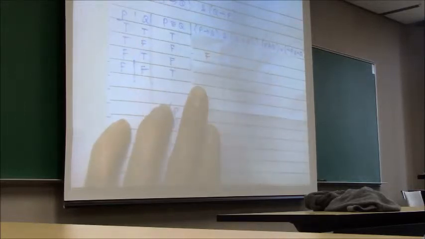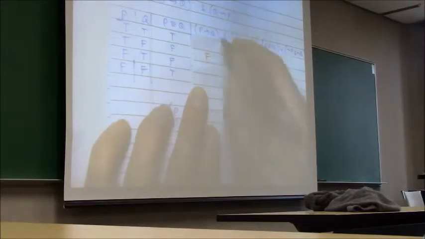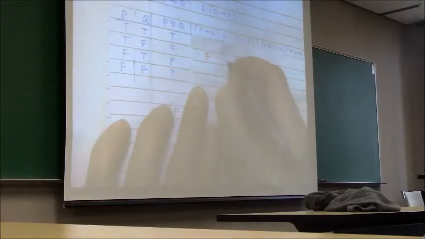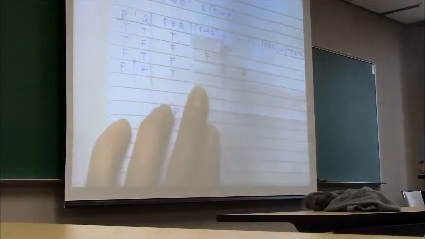So it's going to be like that. Now, the rest of the time it's going to be true and true, which is true. It's going to be false and true, which is false. It's going to be true and false, which is false. And then it's going to be true and true, which is true. Hey, that's the truth table for biconditional.